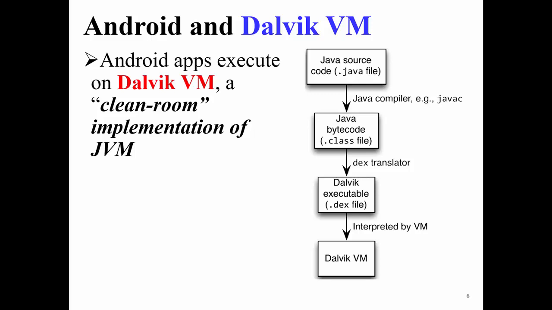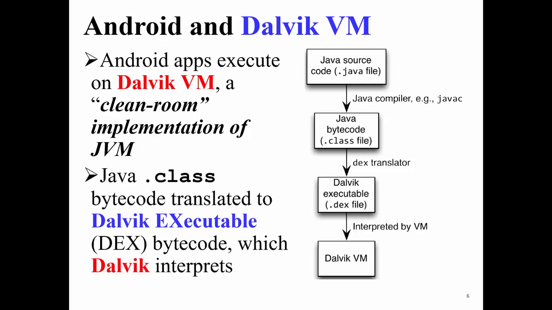We're going to write .java, we're going to create .class, but we're not going to run it on a Java virtual machine. We're going to run it on the Dalvik virtual machine. Now, this is an executable Java virtual machine.